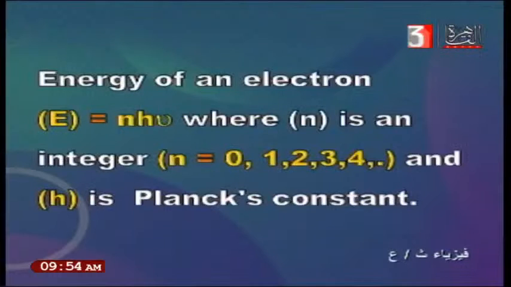Energy of an electron is given by the expression E equals n h nu. h is Planck's constant, and n is an integer. It could be 0, 1, 2, 3, 4, but not any number in between, any fraction. And this is the quantization of energy.